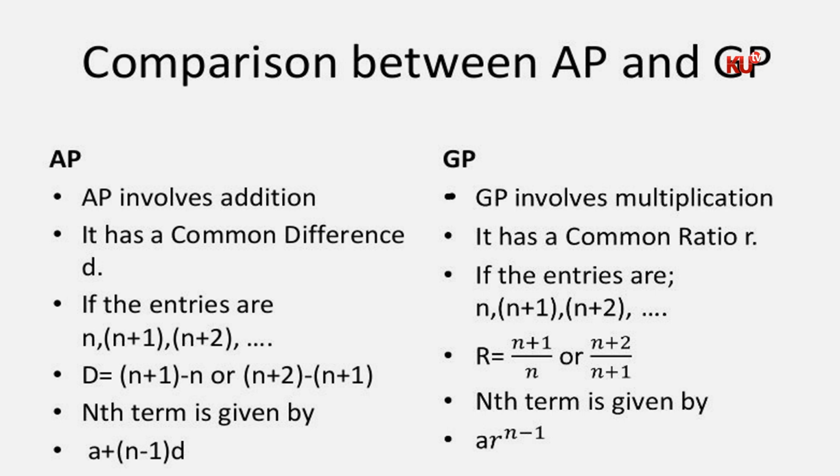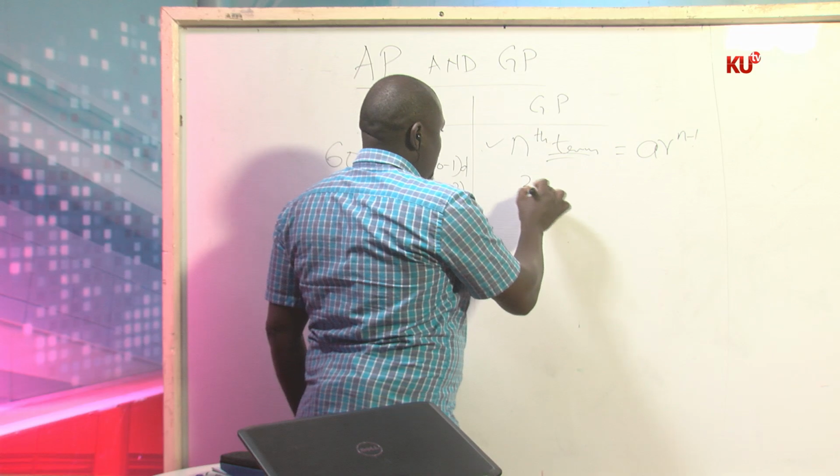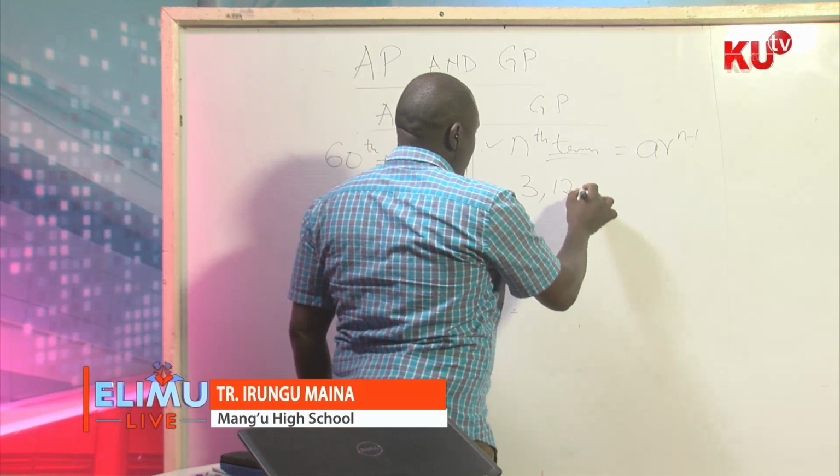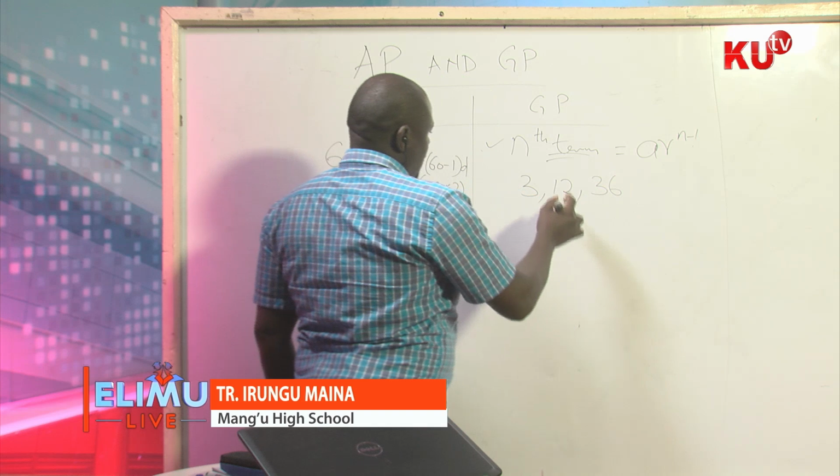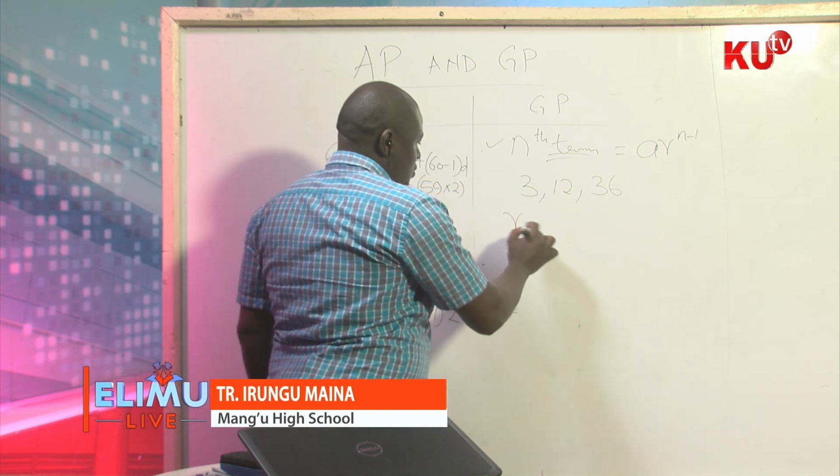Suppose in GP we did not have an example. I think we can list some values to form a sequence. Suppose we have numbers like 3, then we have 12, then we have 36. How do we get common ratio?